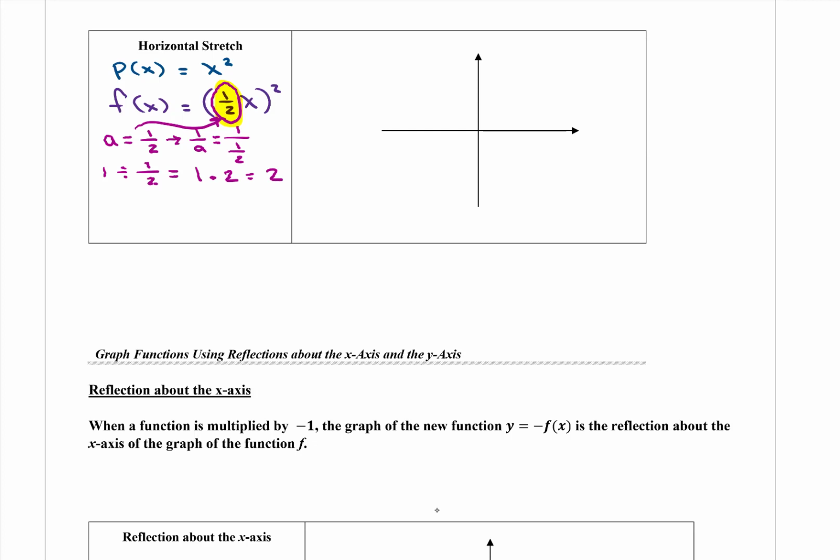I want 1 over a, so that would be 1 over 1/2. When I divide by fractions, I multiply by the reciprocal, so that's going to turn into 2. So the factor that I'm going to multiply my x coordinates by is 2. That's the factor it's going to get horizontally stretched by. P of x equal to x squared will be horizontally stretched by a factor of 2.